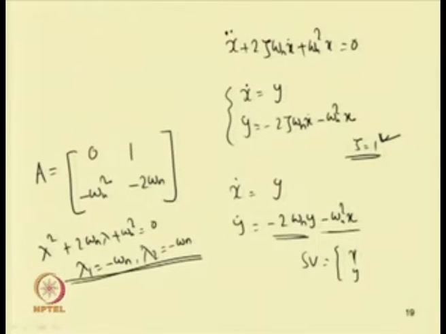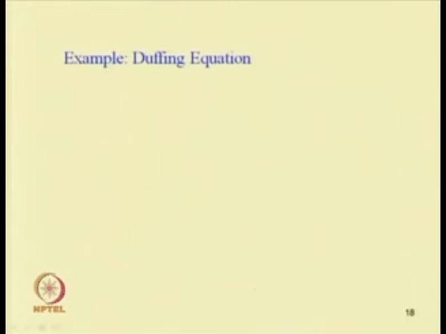According to this, our solution becomes x equal to t into e to the power minus t0 omega n, the formula that we have derived before.